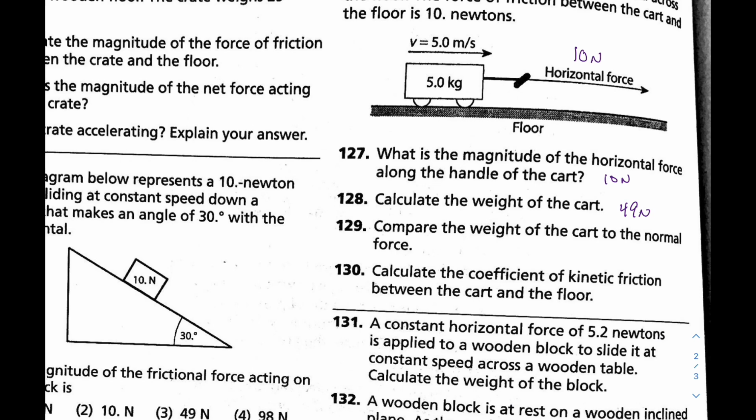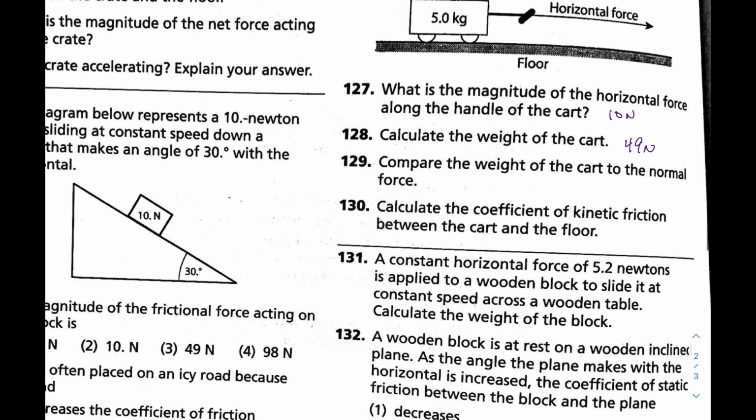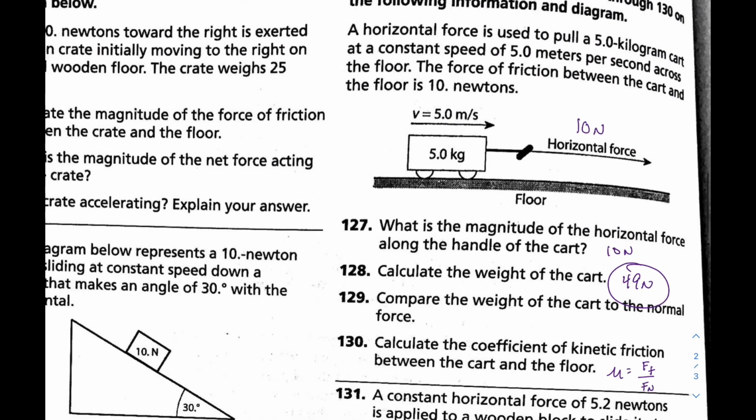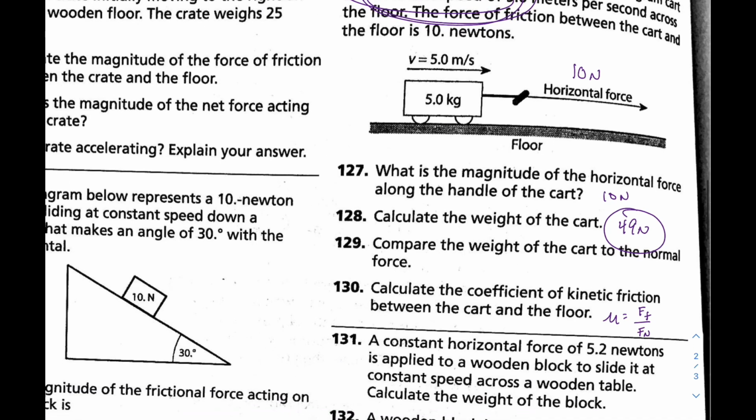Number 130, calculate the coefficient of kinetic friction between the cart and the floor. I guess I can do that, but it's mu is equal to the force of friction divided by the normal force. Well, we found the normal force right here, and because we know that this is traveling again at a constant speed, that means that we know that the force of friction also has to be 10.